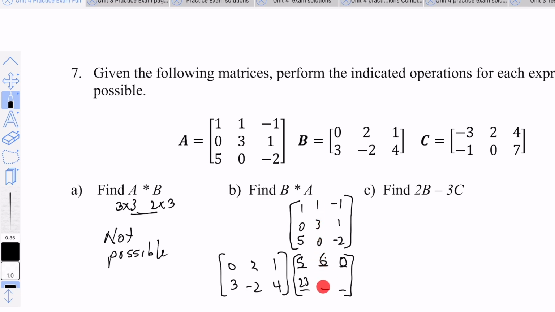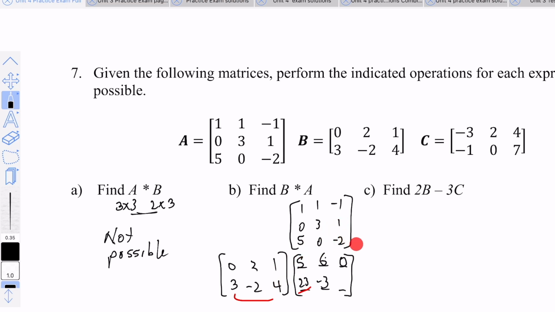This entry here comes from that column in this row, so we have 3 times 1, which is 3, -2 times 3, which is -6, and then 4 times 0, which is 0, so we have 3 plus -6 plus 0, which is -3. And finally, this entry comes from this row and that column. So we have 3 times -1, add that to -2 times 1, add that to 4 times -2.